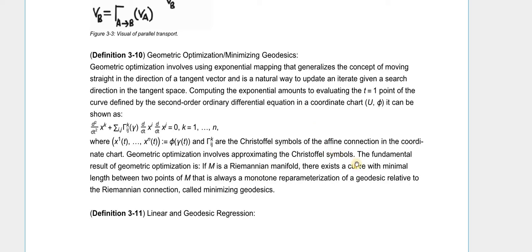So the notion here is you have this data set, and you have this underlying manifold that you're trying to create, the embedding of the data set. For points in the manifold, you have to map this to the tangent space via logarithmic mapping, and then you compute the gradients.